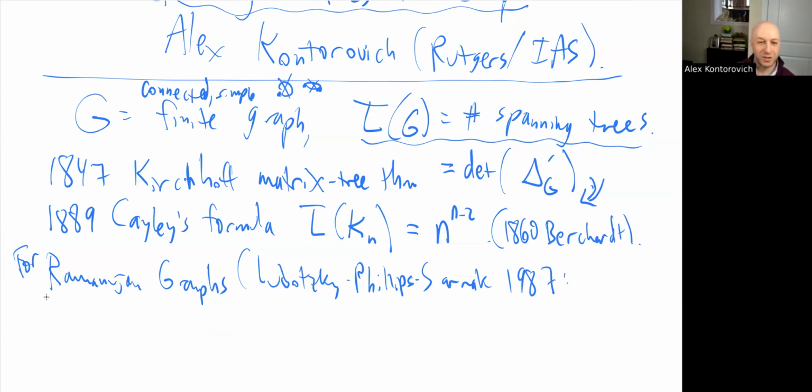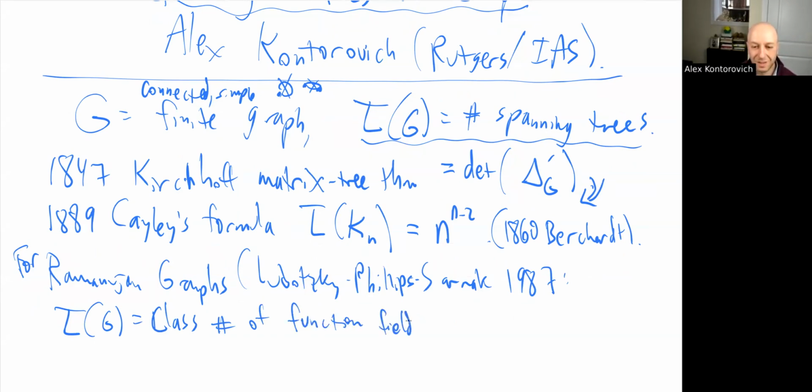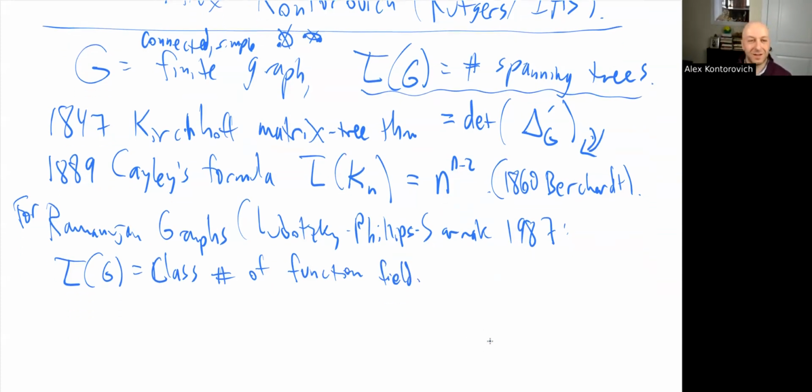So it turns out that tau, the number of spanning trees of these graphs, is actually measuring the class number of a certain function field. So there's all kinds of fascinating connections between these.